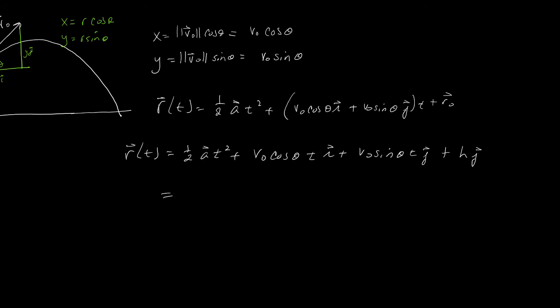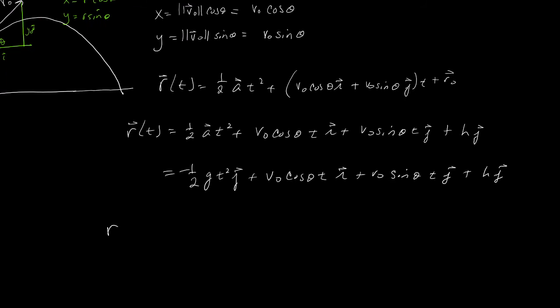And of course we know the acceleration: 1/2 times negative g, so I'll put the negative in front, negative 1/2 g t squared in the j direction, plus v naught cosine theta t in the i direction, v naught sine theta t in the j direction, plus h in the j direction.